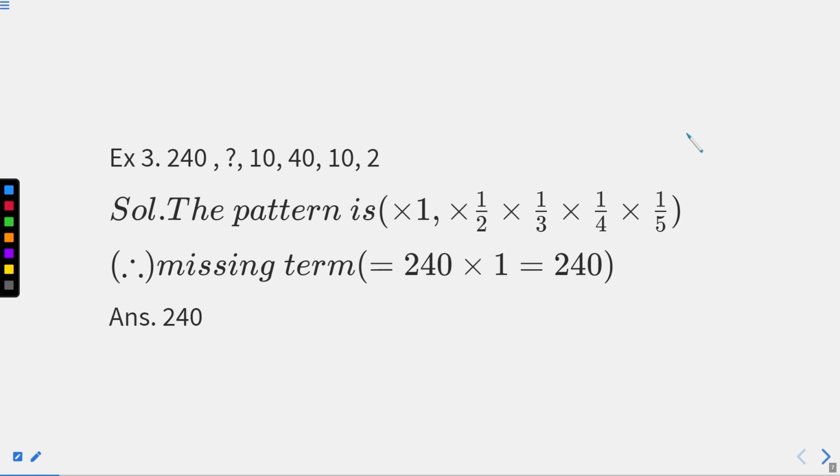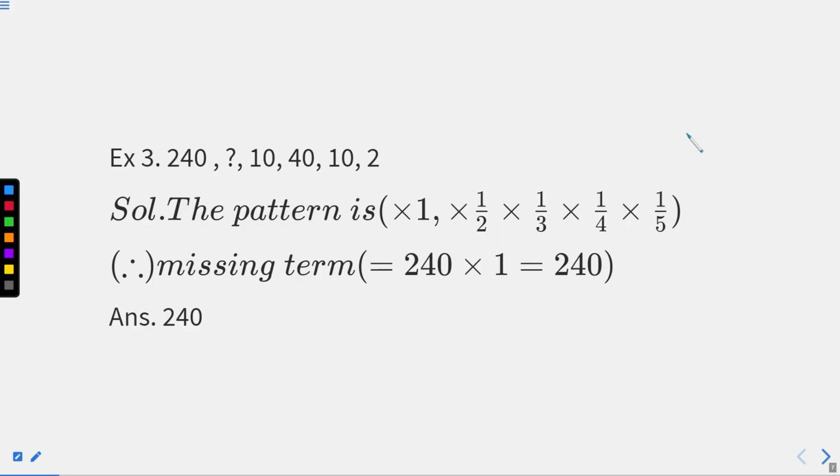So the pattern here is multiplied by 1, multiplied by 1 by 2, multiplied by 1 by 3, multiplied by 1 by 4 and so on, multiplied by 1 by 5 as well. So the missing term comes out to be 240 multiplied by 1, then we get 240 again. So your answer will be 240.